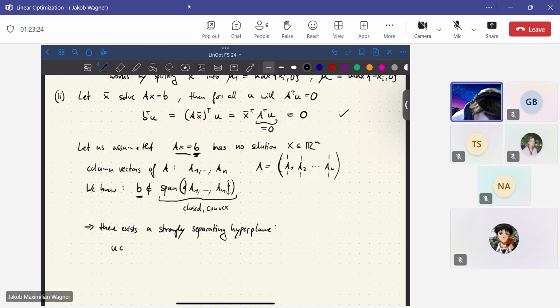We have a u in Rm without 0, which is the normal vector to this hyperplane, and we have some alpha and beta in R where alpha is less than beta, and we have that a transpose u is less or equal than alpha for all a that are in this span, so in this closed convex set.